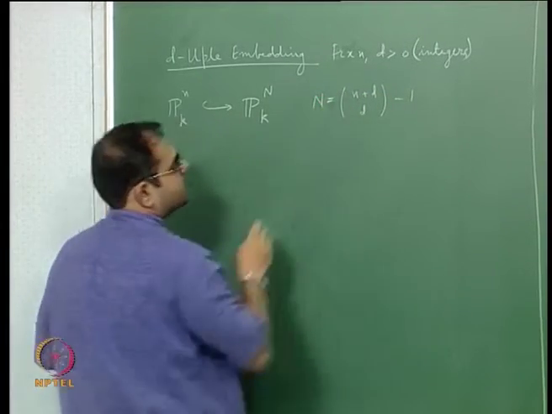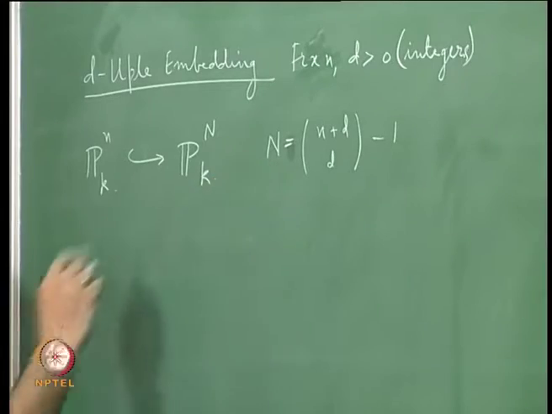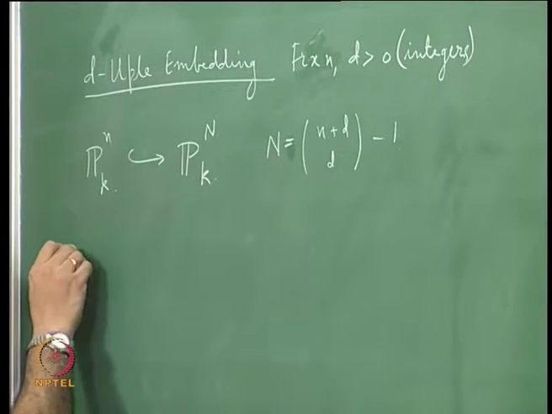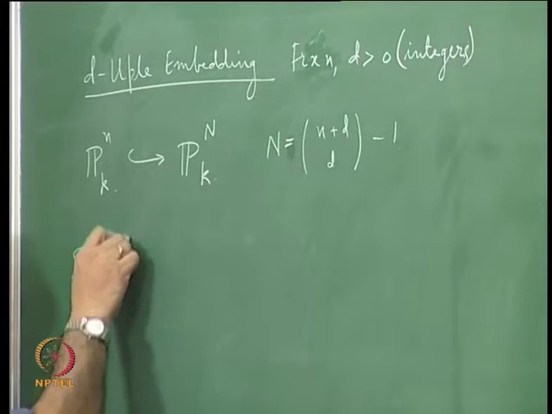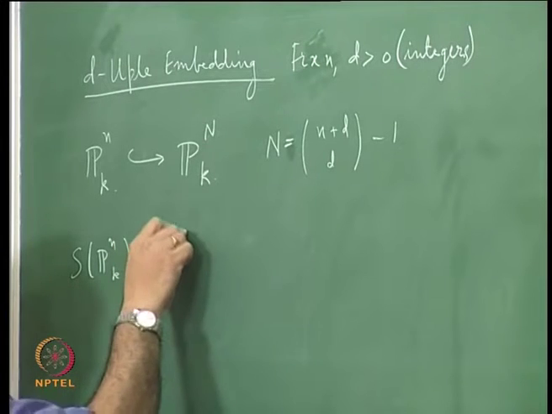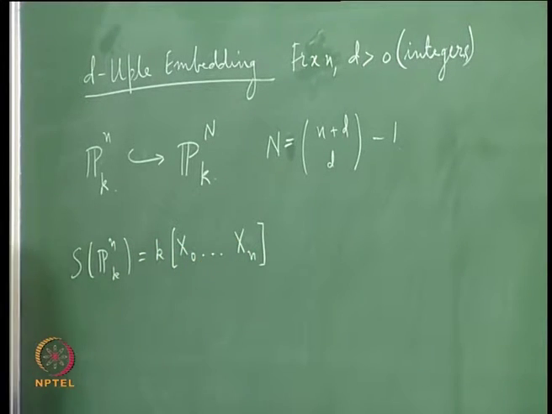So what's this number? You know the homogeneous coordinate ring of Pn is the polynomial ring in these n plus 1 variables.